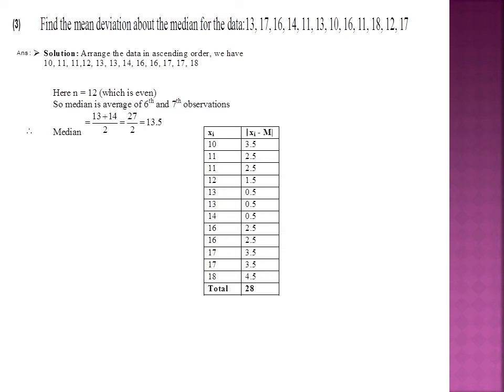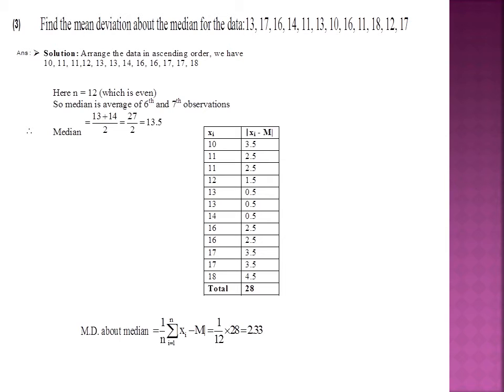Now give me the addition. So here the addition equals 28. Now the mean deviation about the median: the formula is sigma i running from 1 to n, modulus of xi minus M, divided by n.